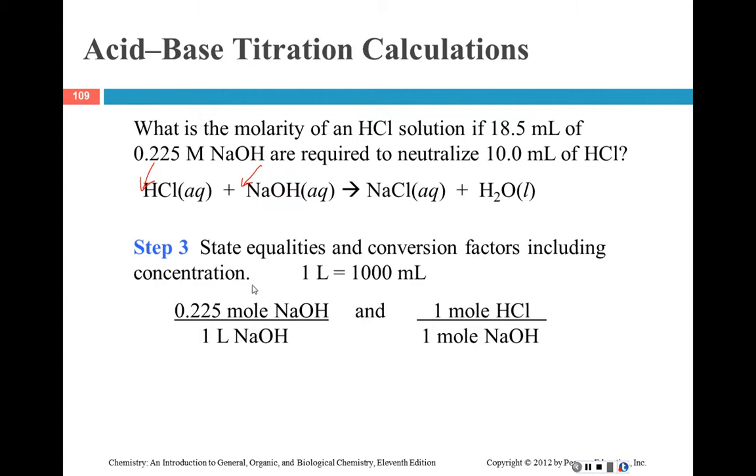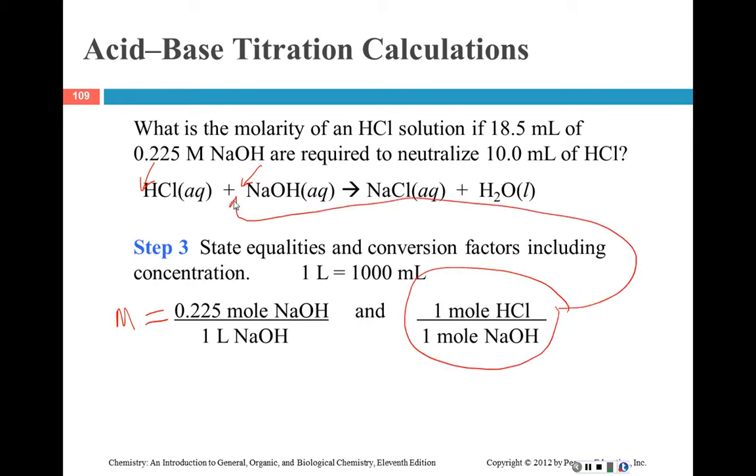We've got 0.225 moles per 1 liter of sodium hydroxide, because that's what M is equal to, right? Okay, so 0.225 moles of sodium hydroxide per 1 liter of sodium hydroxide. I know this is my molar ratio. Where did that come from? Came from this.